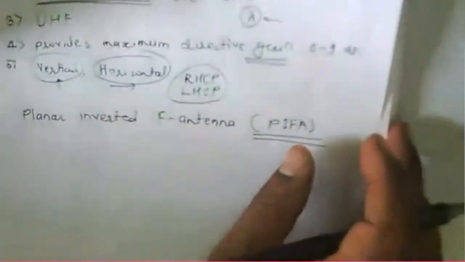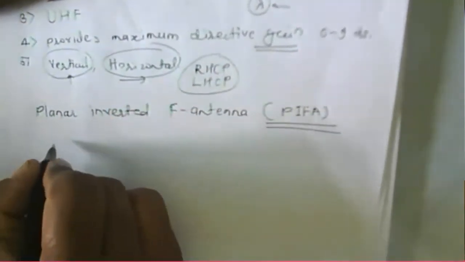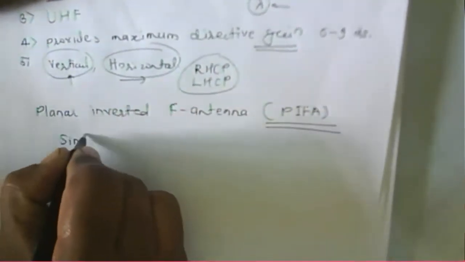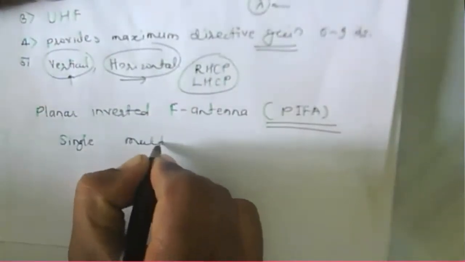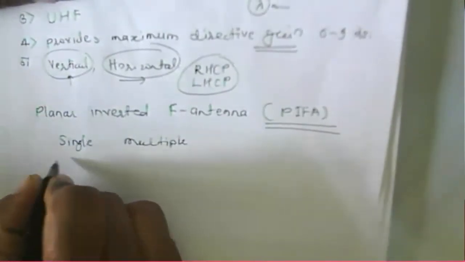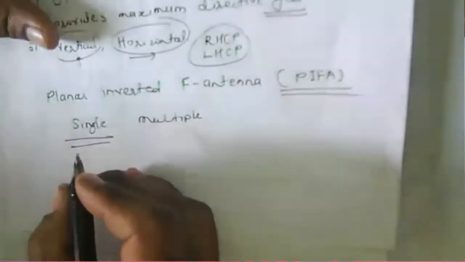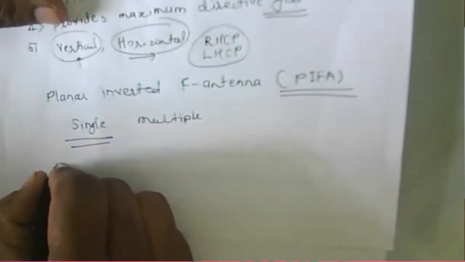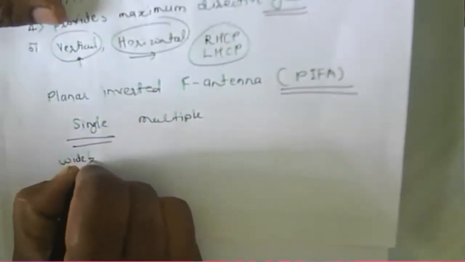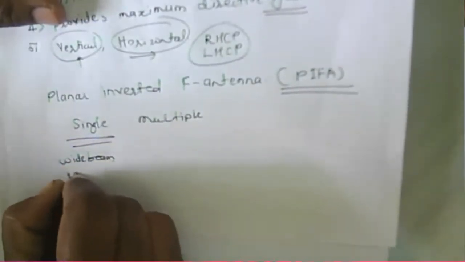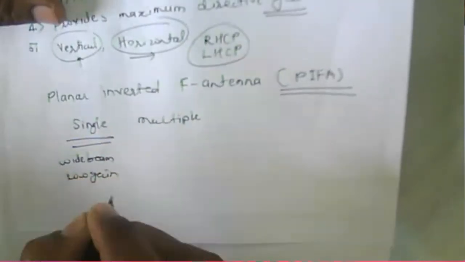Likewise, instead of a single patch, multiple patches. A single patch has disadvantages. The disadvantage means what? Wide band, wide beam, low gain as compared to this one.